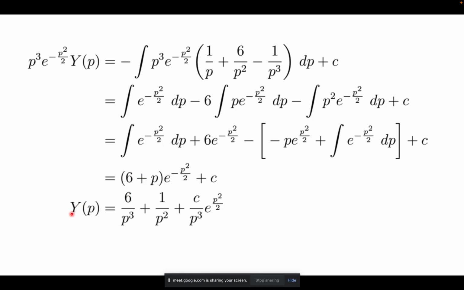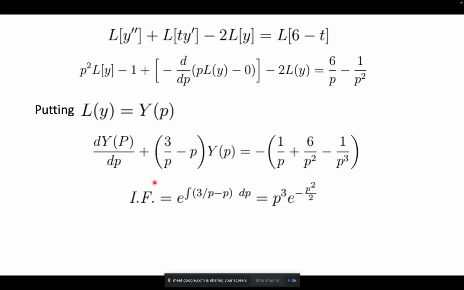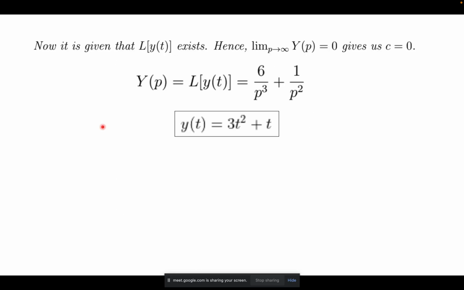As I told you, here you have calculated the Laplace transform of y. Now, it is given that L of y of t exists, so using the existence theorem, if I take the limit as p approaches infinity of the Laplace transform of y, it should give me 0, right?